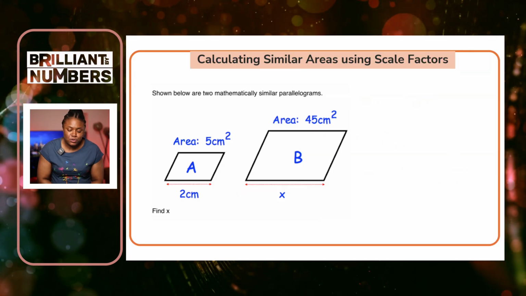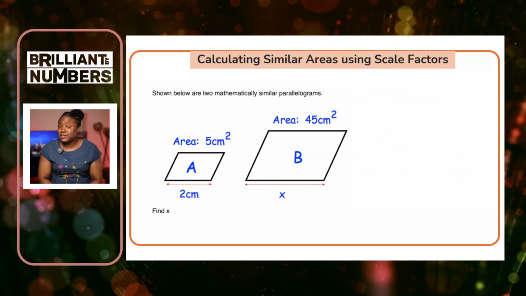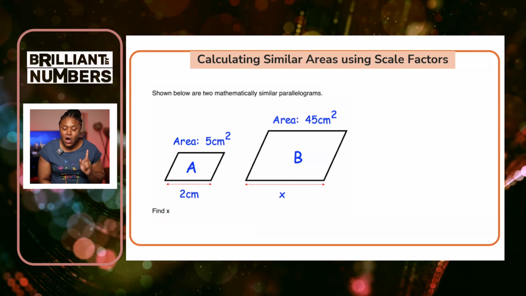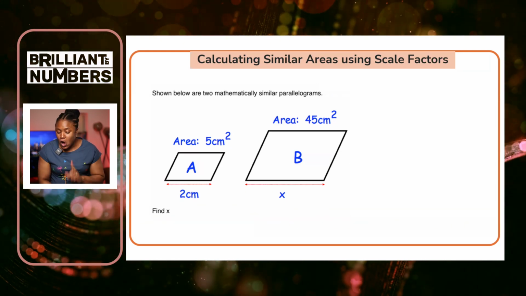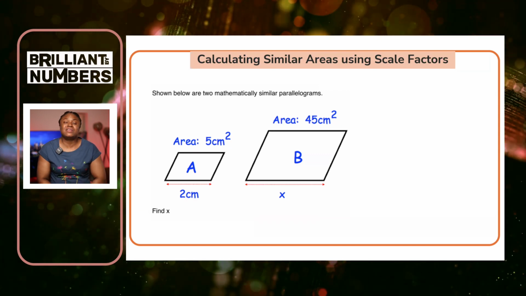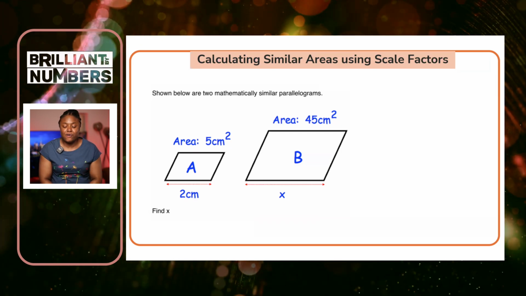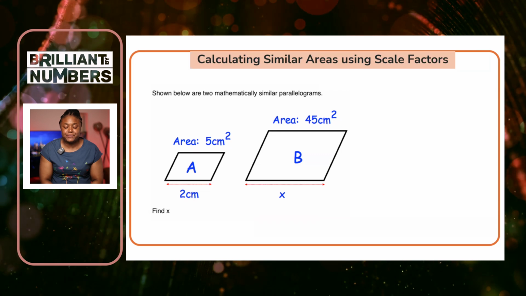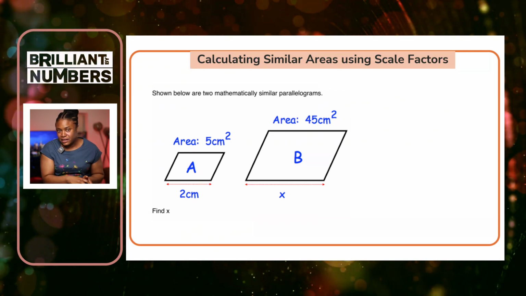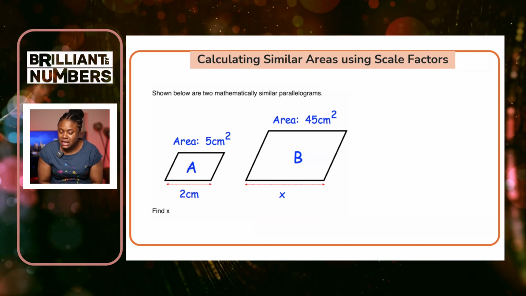This time around, we're told that we've got, again, 2 mathematically similar parallelograms. This time we're given the area of A and the area of B. We're given the length of one side of A, but this time we're asked to find the missing length of the larger one, B. So this time we have to work from the area scale factor to the linear scale factor, since we are finding the missing length.